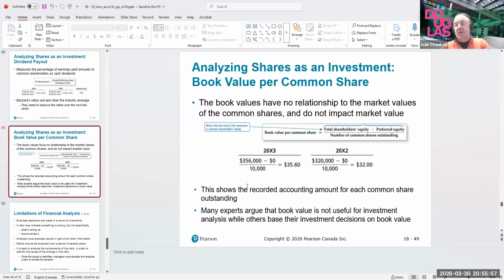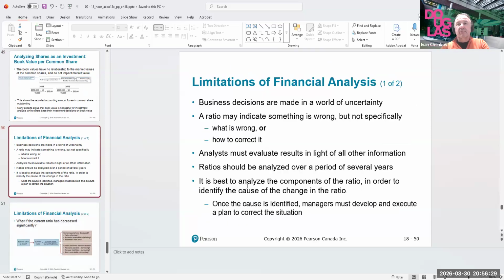You can use this ratio to find an undervalued company and buy those shares. Why? Because eventually the market is going to adjust to the actual price of the shares. If you see that the book value per share is higher than the current market value, buy those shares, because most likely the market is going to adjust and increase to follow the book value.